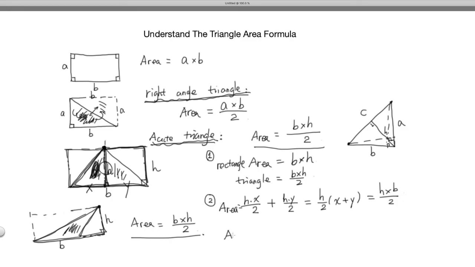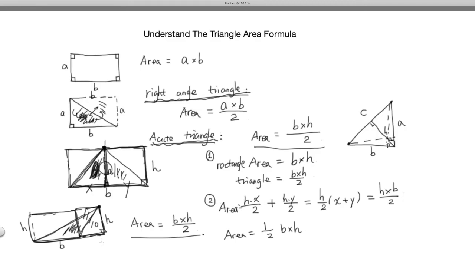So the area equals half of the big one, and the smaller one is half of this rectangle. The difference between the big rectangle and the small rectangle is this rectangle, which has the two sides b and h. So the area equals half of b times h.